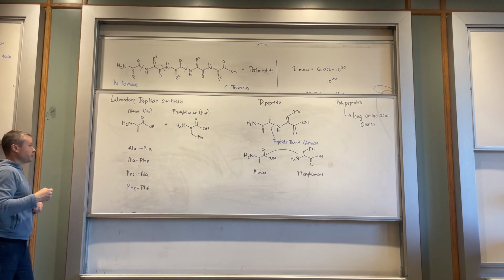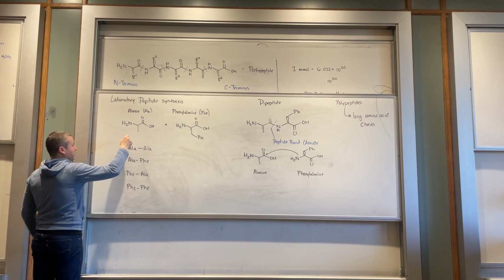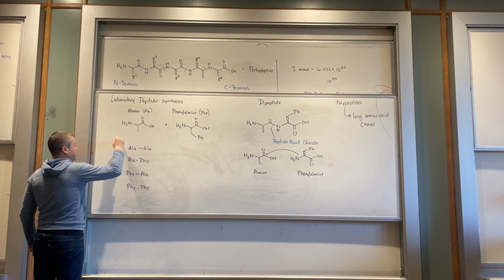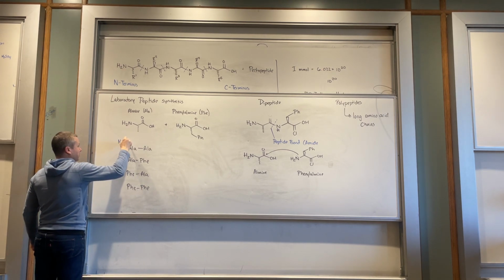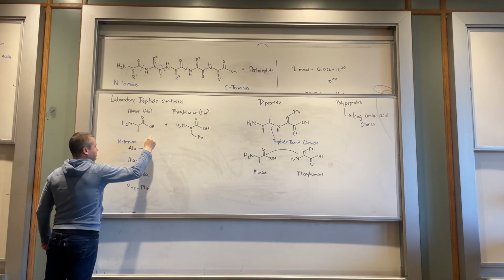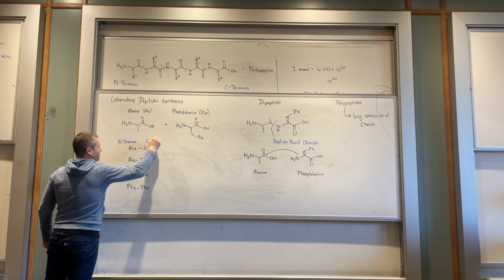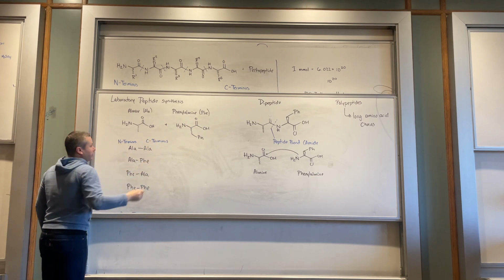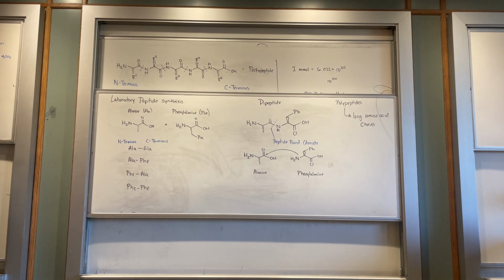And we're assuming that the residue on the left represents the N-terminus, and the residue on the right represents the C-terminus. So from those two amino acids, we can make 4 different dipeptides.